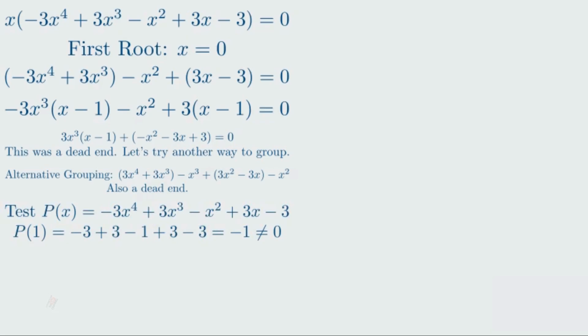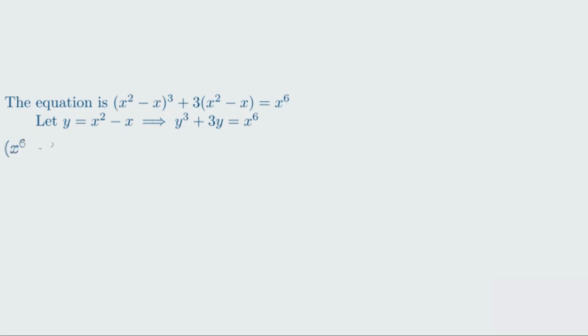The simplification of u cubed plus 3u is correct. The substitution and cancellation of x to the sixth is also correct. Let's re-examine this step. The left side is x squared minus x cubed plus 3x squared minus x. The right side is x to the sixth. Expanding the left side directly gives x to the sixth minus 3x to the fifth plus 3x to the fourth minus x cubed plus 3x squared minus 3x.